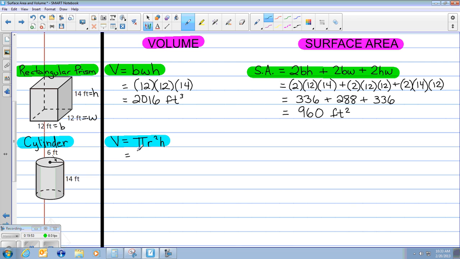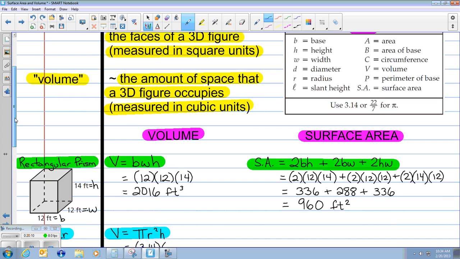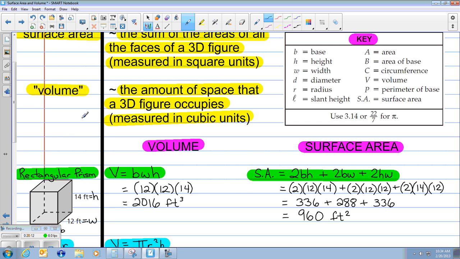So remember that pi is 3.14, or at least that's the closest approximation that we're going to use. We couldn't use the actual value of pi. It's a never-ending figure. R squared. R is the radius. So if you didn't remember that, it's right up here. R is the radius.